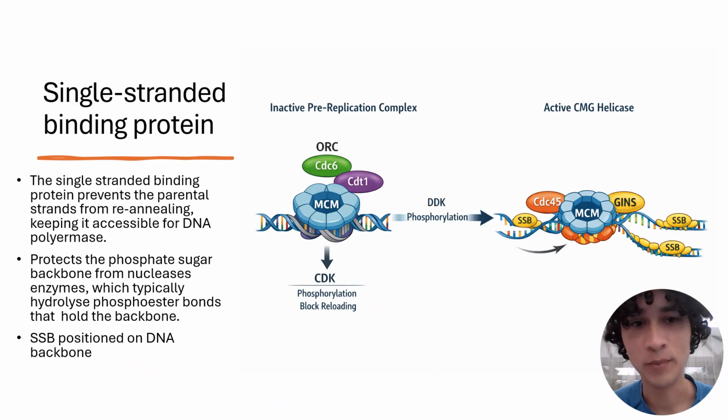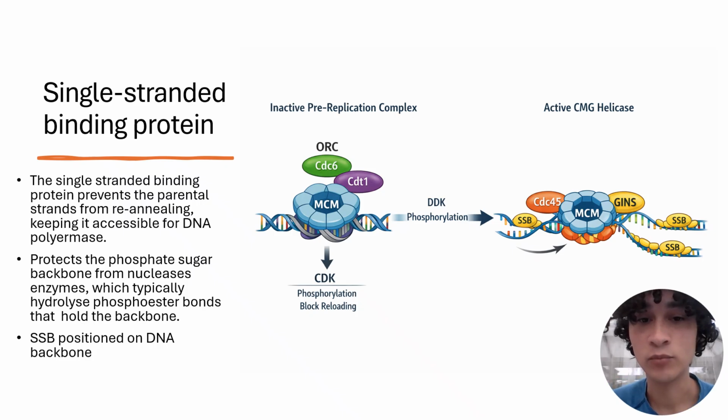So now we're going to talk about the single-stranded binding protein. We've just spoken about the assembly of the pre-replication protein complex, and its activation via phosphorylation by two specific enzymes, cyclin-dependent kinase and D-dependent kinase. Now we've got our active helicases, our CMG helicases, running in a bidirectional manner, splitting the double strand, breaking those hydrogen bonds.